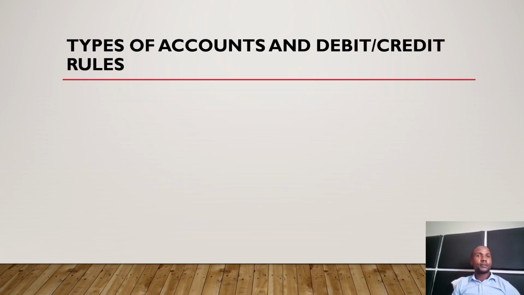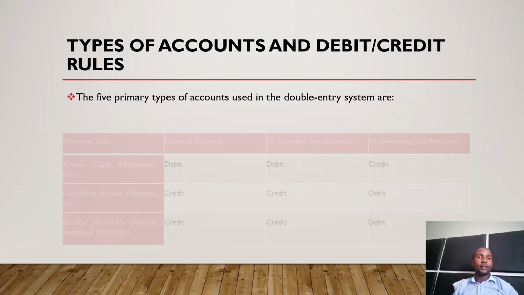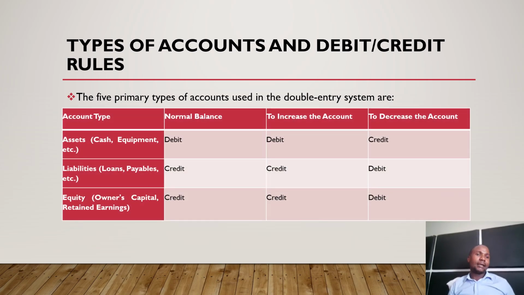Okay, so let's now look at the types of accounts, and then we'll look at the debit or credit rules for each type of account. As earlier indicated, there are 5 primary types of accounts used in the double entry system, which are assets, liabilities, equity, revenue, and expenses.